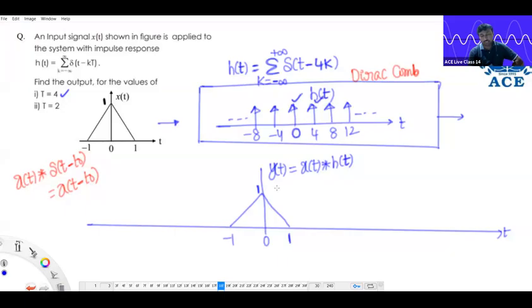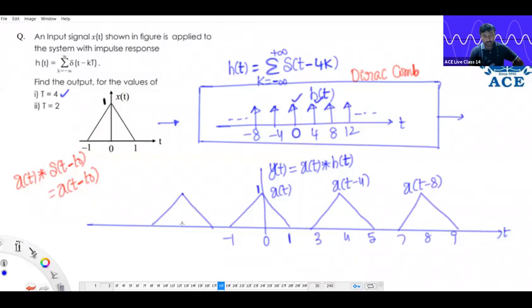When you convolve with the impulse at 4, it causes a right shift of 4 units. Next time it causes a right shift of 8 units. Similarly on the left side. The output is a periodic repetition of the triangles.